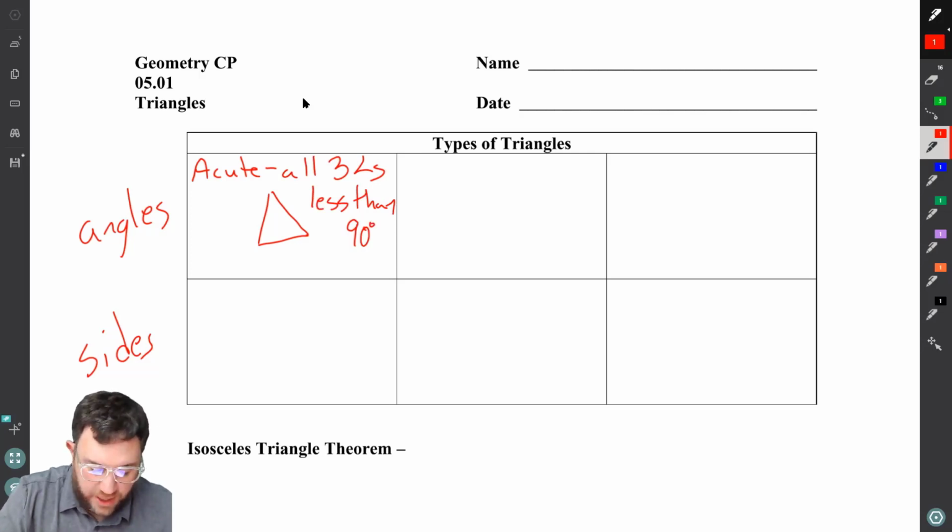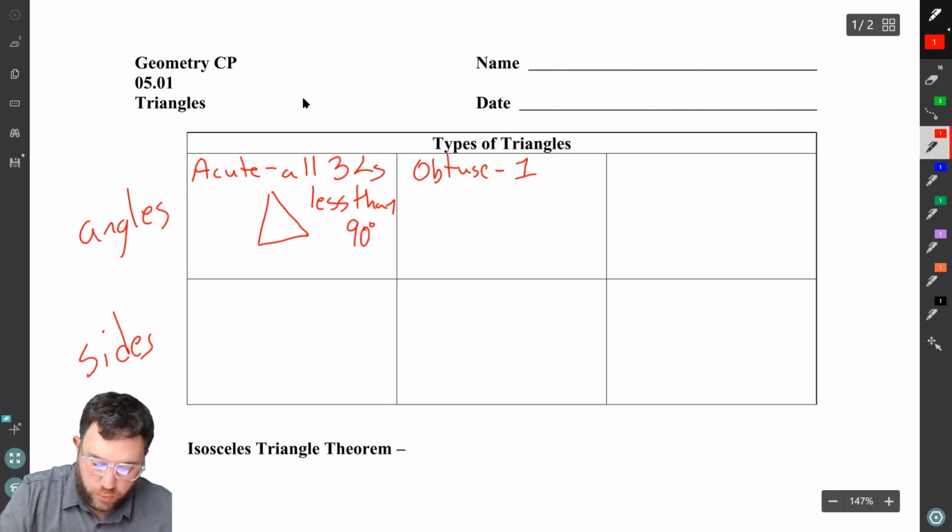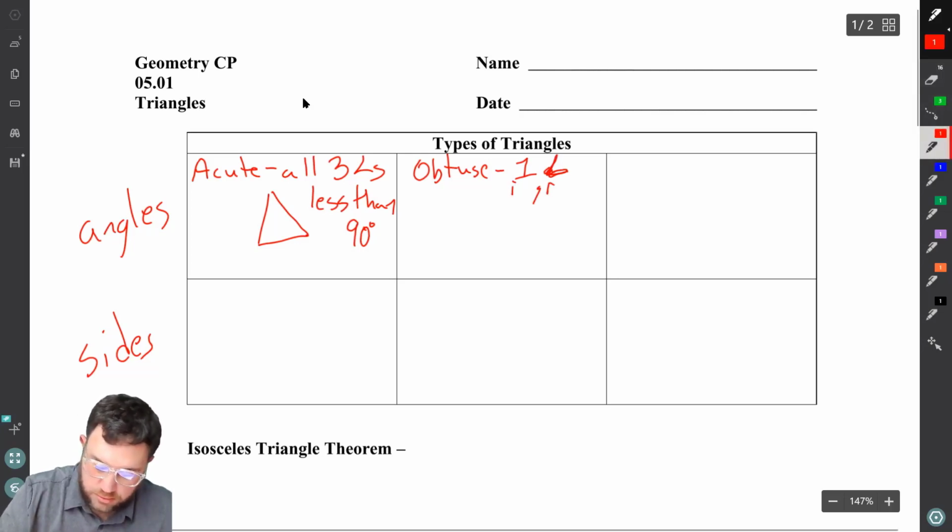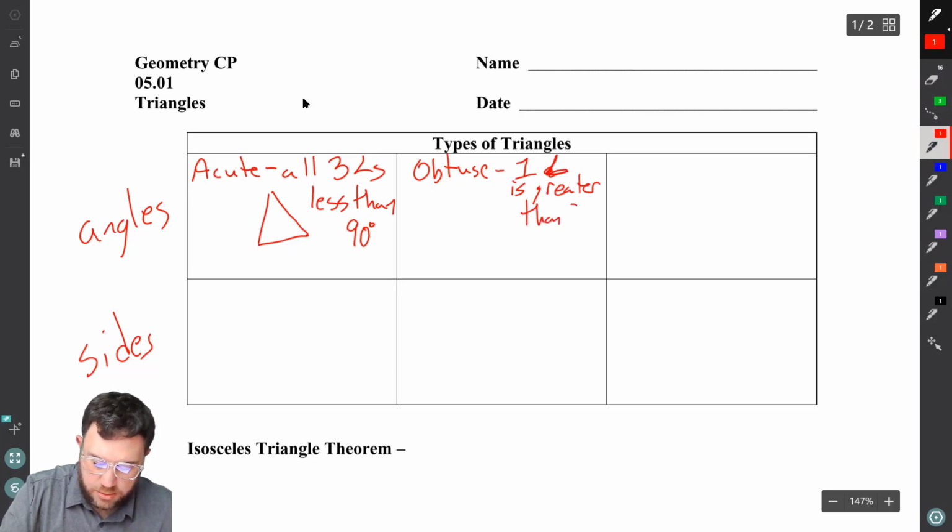You can have an obtuse triangle where one angle is greater than 90 degrees. And you can only have one angle that's greater, not 2.